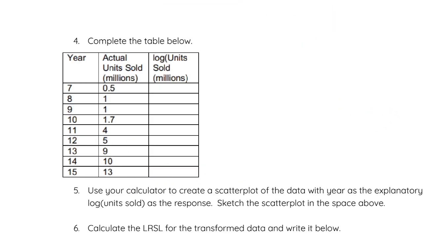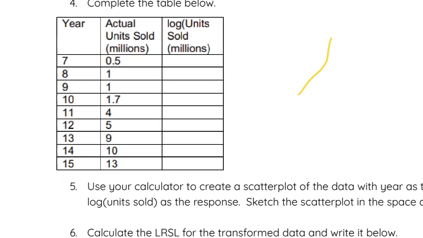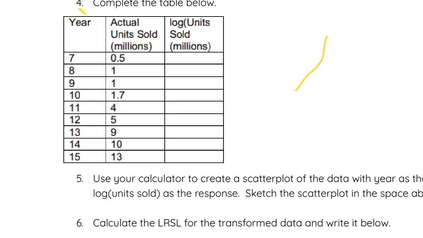Okay, so now remember we had our x and our y, but now we're concerned with x as our input and log y as our output. So to get these values in your calculator, I'm going to make L5 be the log of L2.